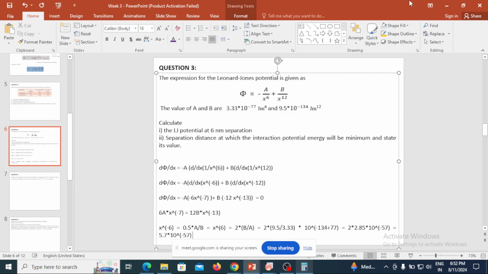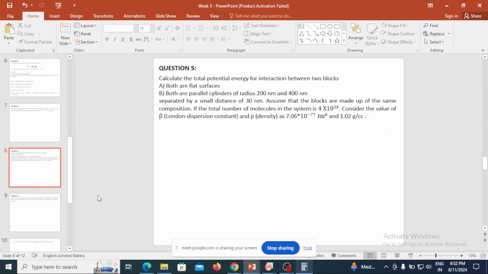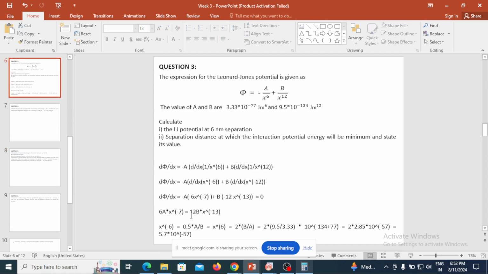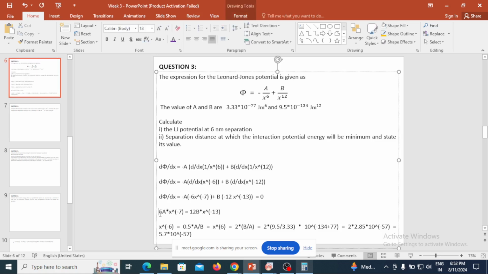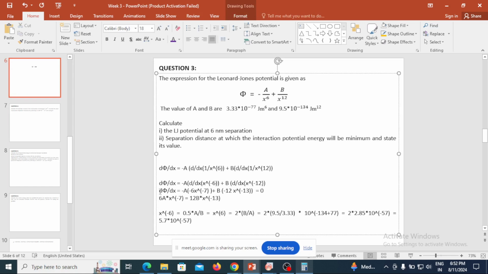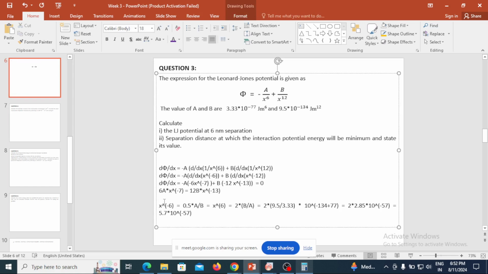This is x raised to the power 6. So x raised to the power 6 value is 5.7 into 10 to the power minus 57.